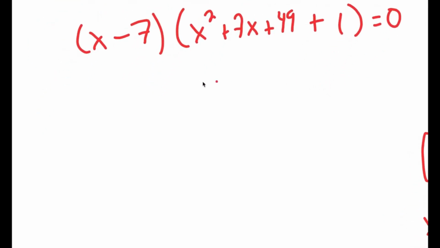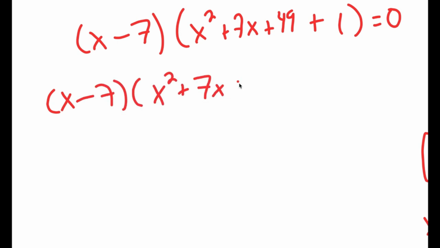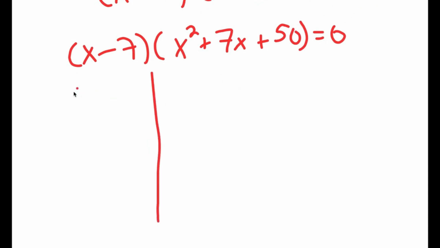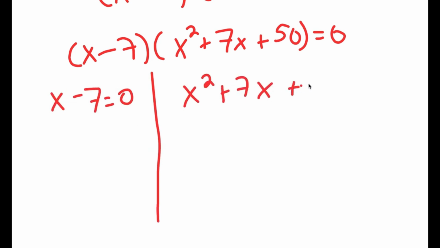And from here, this is equal to x minus 7 times x squared plus 7x plus 50 is equal to 0. So now this gives me two equations. I get x minus 7 is equal to 0, and I get x squared plus 7x plus 50 is equal to 0.